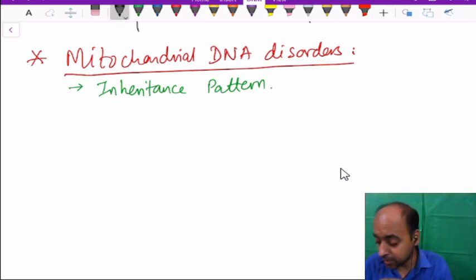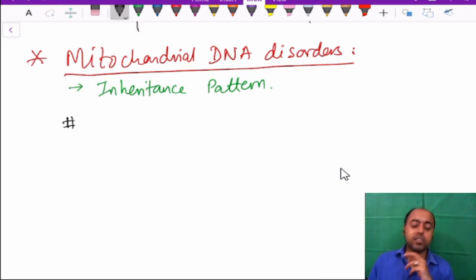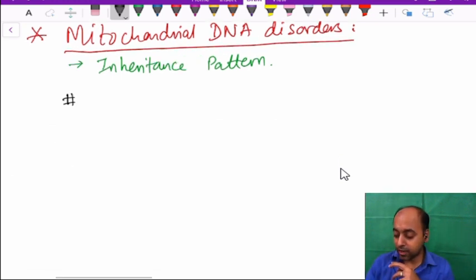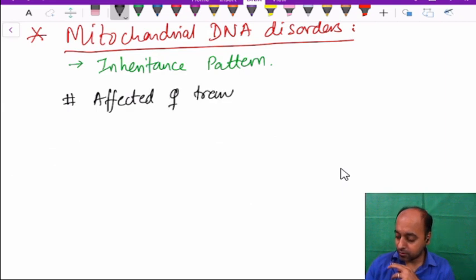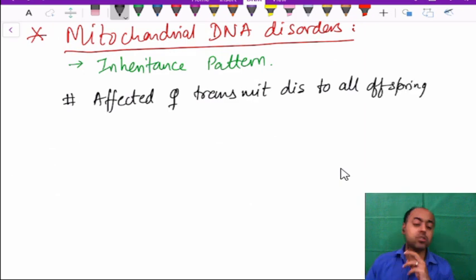So what is the inheritance pattern? When you look at the inheritance pattern of mitochondrial DNA disorders, we find that an affected female transmits the disease to all offsprings, because the mitochondria is coming from the mother.